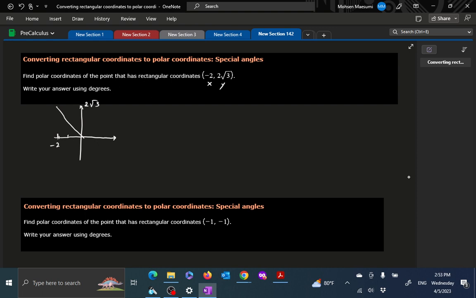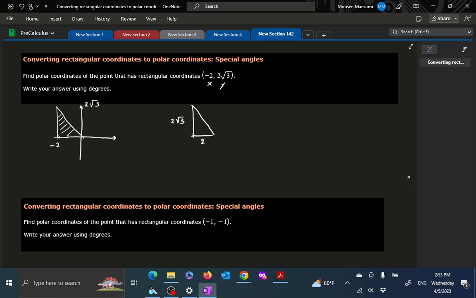Perhaps a good policy is to draw a triangle and concentrate on that triangle. So here's my triangle. For the time being, I strip the negative sign if there is any. So the 2 and 2 radical 3.